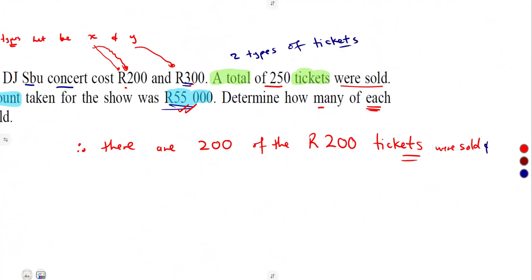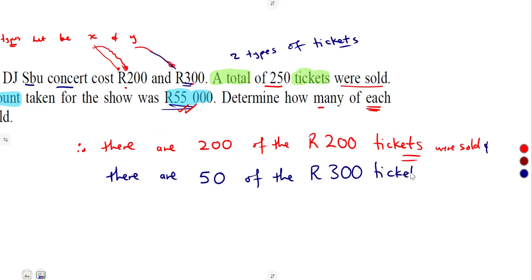Y is equal to 50, so there are 50 of the 300 rand tickets that were sold.